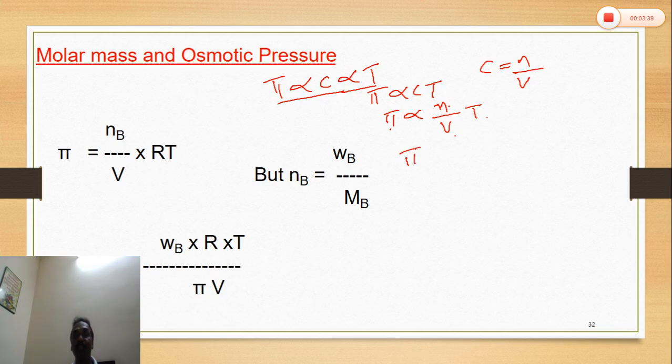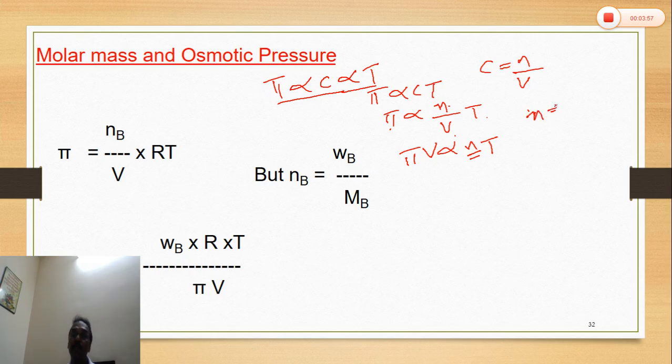So we can write pi V is proportional to nT. But n is equal to mass by molar mass.